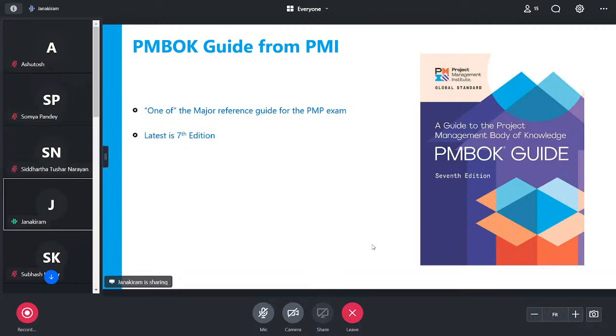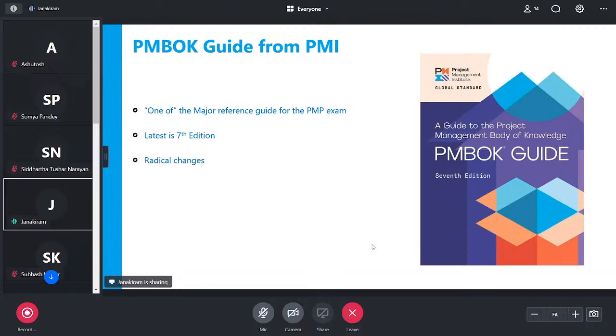The latest edition is the seventh edition, which roughly came 2 months back. The previous edition is the sixth edition of PMBOK, which is still relevant for the PMP exam. So for your PMP exam, you would need primarily the sixth edition of PMBOK as well as the seventh edition for reference.